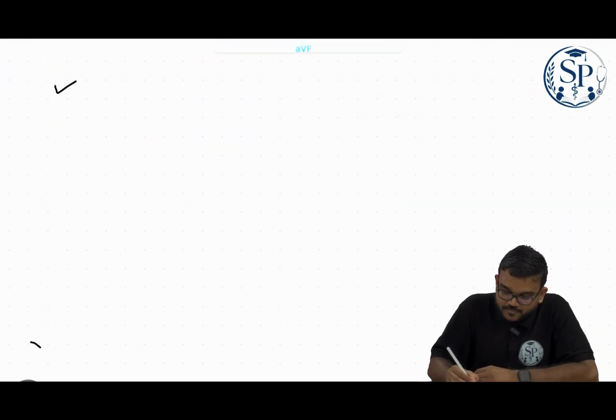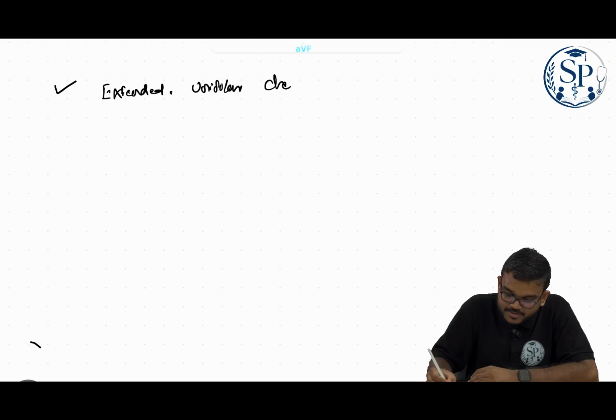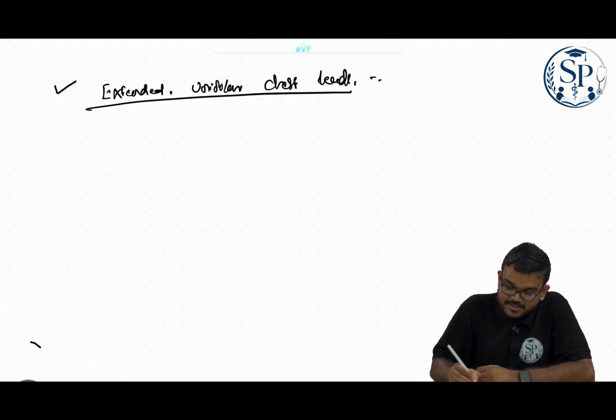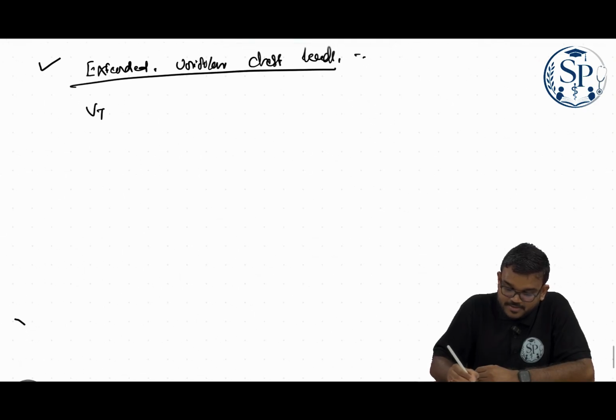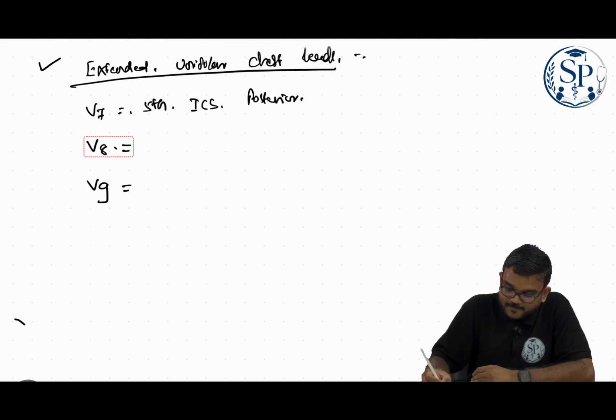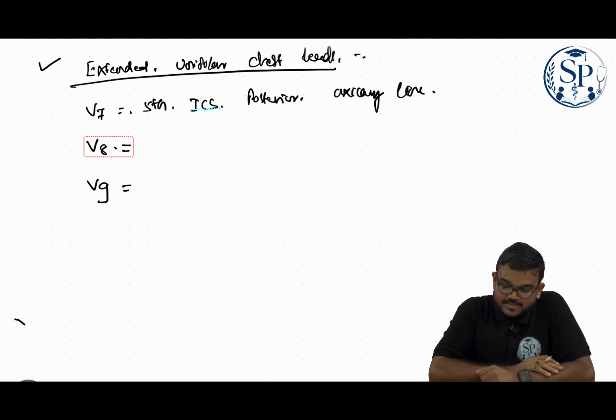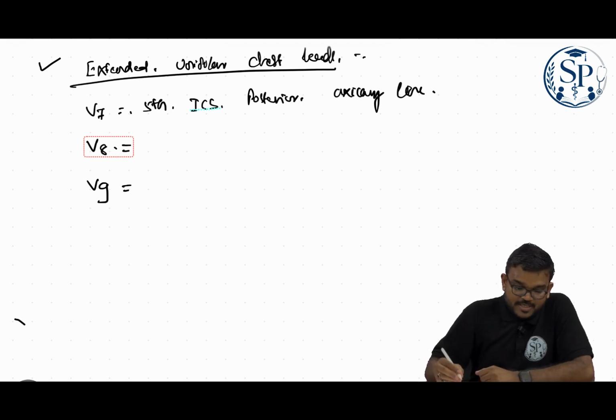Now coming to extended unipolar chest leads. So what do you mean by extended unipolar chest leads? V7, V8 and V9 are the extended unipolar chest leads. The V7 is placed in the fifth intercostal space over the posterior axillary line.